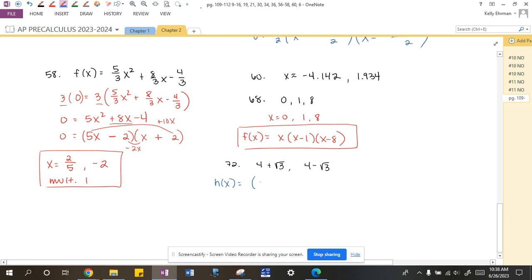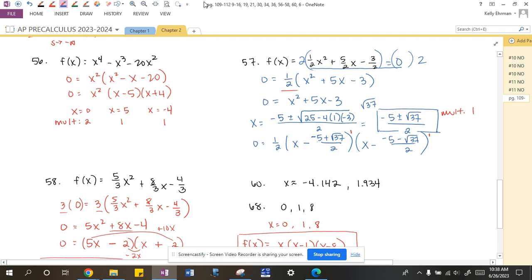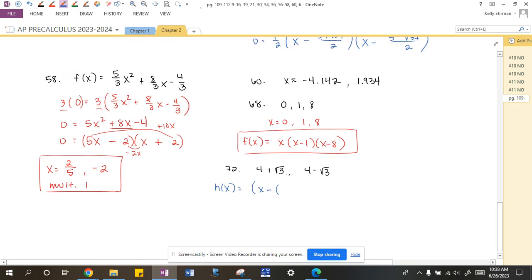Let's call this one h of x. In its factored form, I could say x minus, and this is not a fraction. Before, when I had a fraction, I just put the minus out in front of the fraction. Here I need parentheses around the quantity. We're subtracting all of that, 4 plus radical 3. And the other factor would be x minus the quantity 4 minus radical 3.